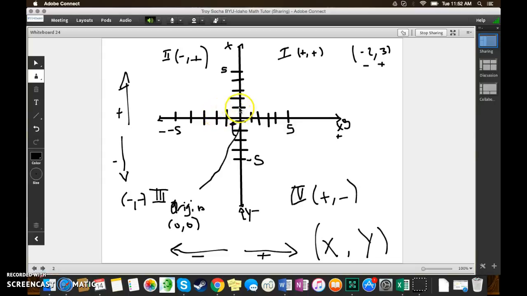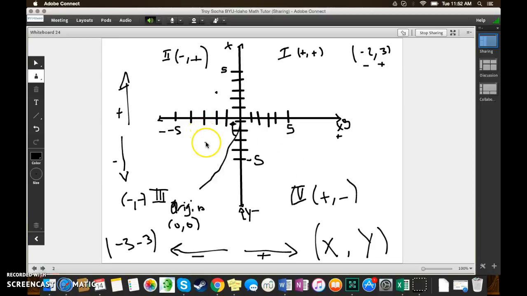And then we go up 3, 1, 2, 3. So up 3 over 2. Right there. Now if we had a point that was negative 3, negative 3, we would go down 3, or over left 3, then down 3.